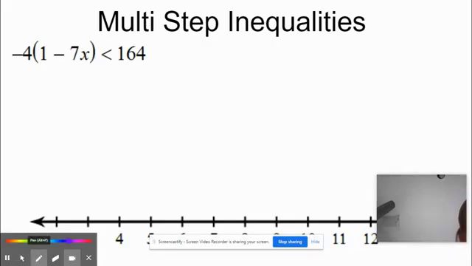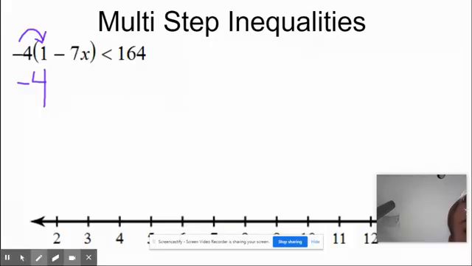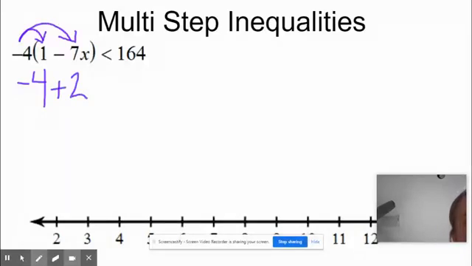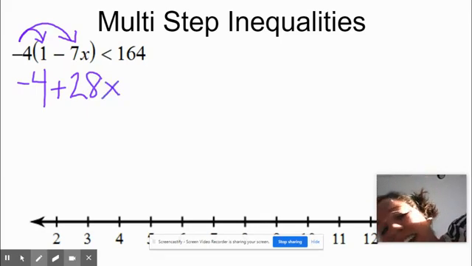So we're going to do -4 times 1 is -4. And then -4 times -7x is a positive 28x. And now, even though I multiplied by a -4, I'm not gonna flip the sign.